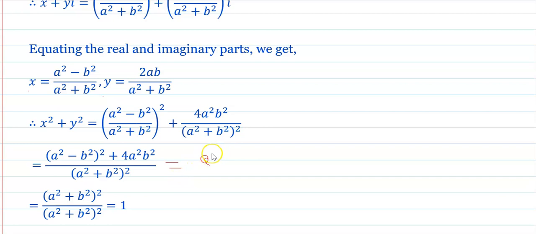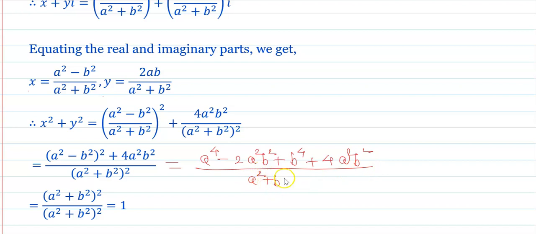First is a raised to 4 minus 2 times a square b square plus b raised to 4 plus 4a square b square, and this whole divided by (a square plus b square) whole square.